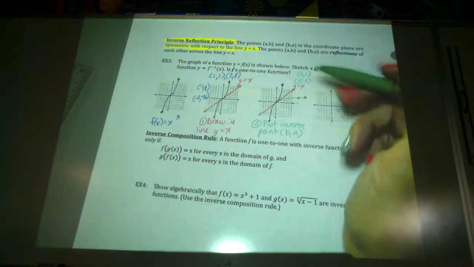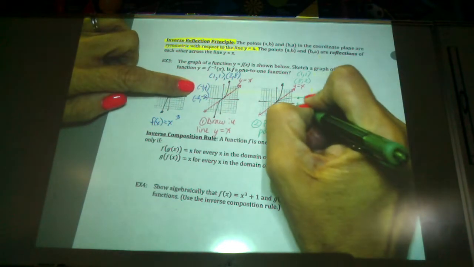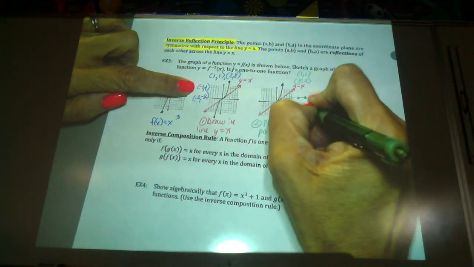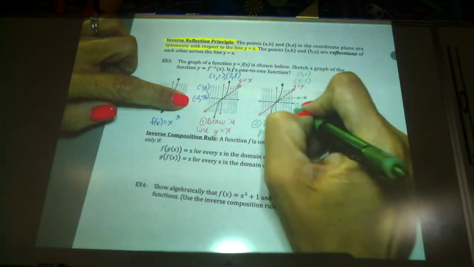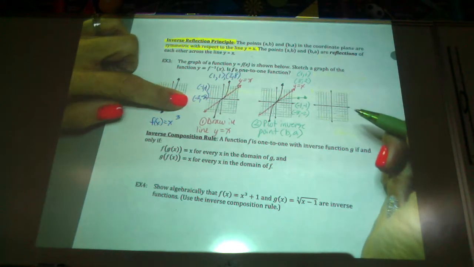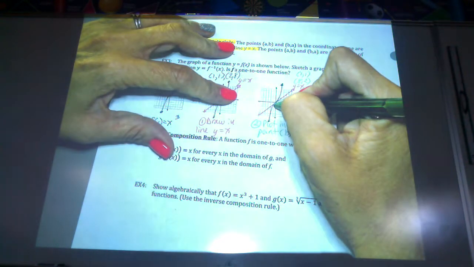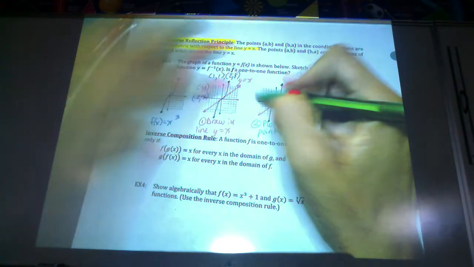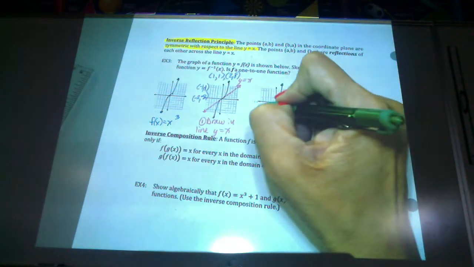So let's look at the bottom half of it. I'm going to reverse negative 1, negative 1, so that looks the same. And I'm going to reverse negative 2, negative 8, and make that negative 8, negative 2. So I'm going to plot those 2 points. Negative 1, negative 1 is already plotted. But negative 8, go to the left 8, so you have to go off the grid, slightly, and down 2.